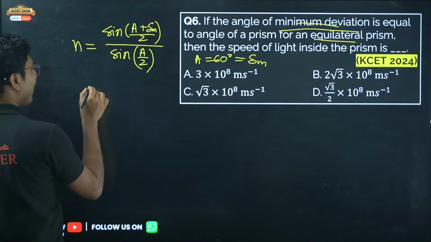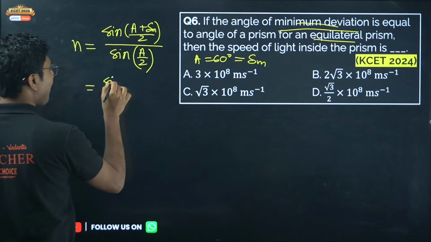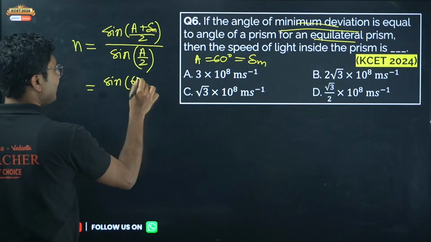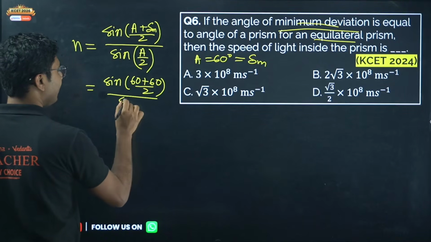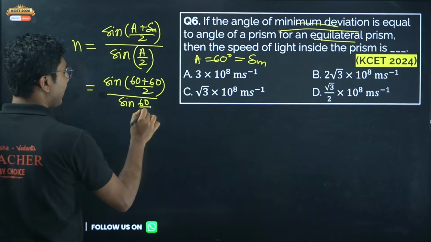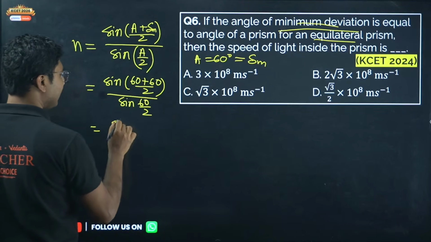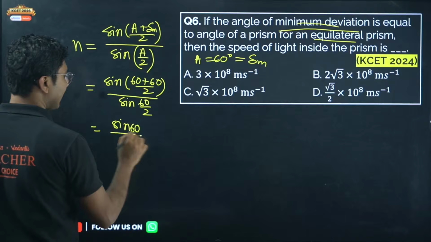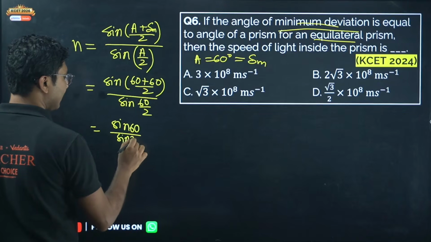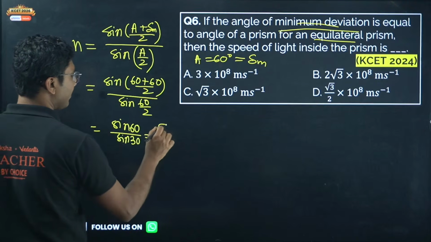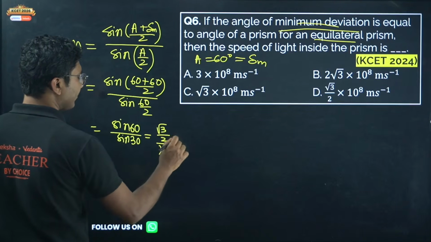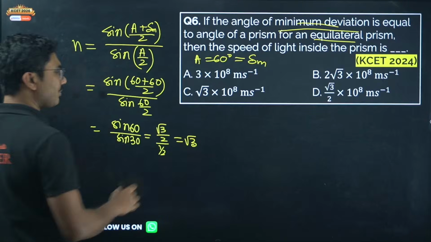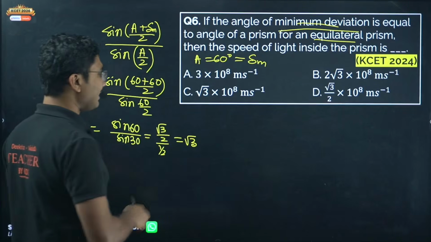That means sine of (60 plus 60) by 2, divided by sine 60 by 2. So it is sine 60 by sine 30. What is sine 60? Sine 60 is root 3 by 2 and sine 30 is half. So we get the refractive index of the medium of the prism as root 3.